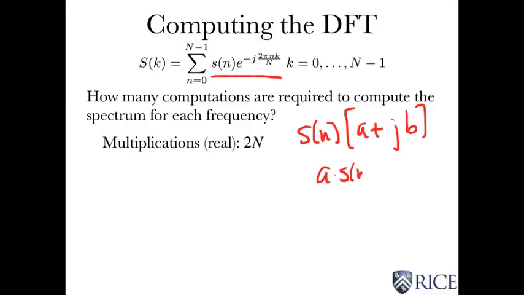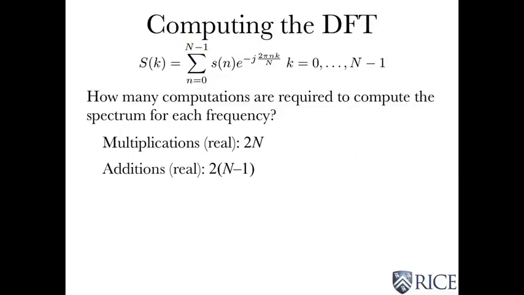So this formula becomes that, and that means I have two real multiplications in here, and that's what we want to consider. No computer I know of has inherently built-in complex arithmetic, so we're going to talk about this in terms of real multiplications. So we have two real multiplications for every term in the sum, and we have N terms in the sum, so we get 2N for the number of real multiplies.